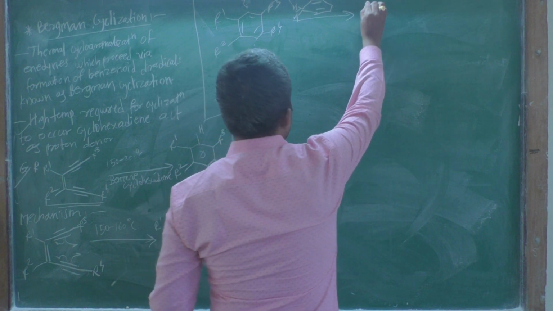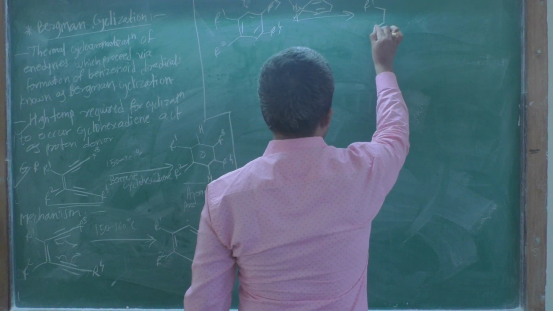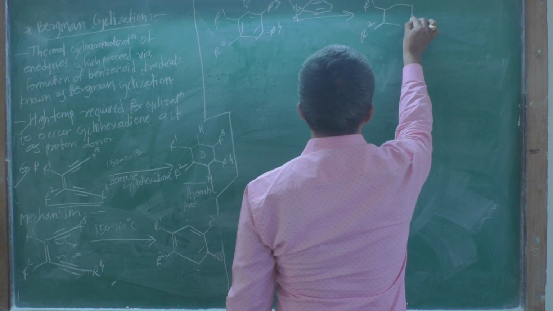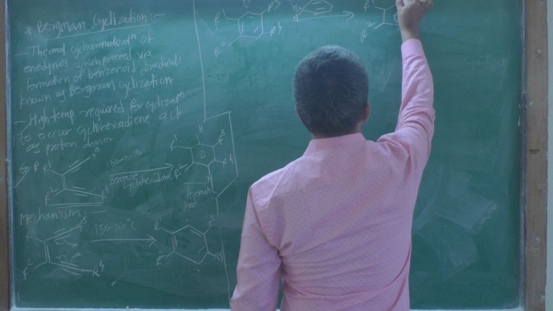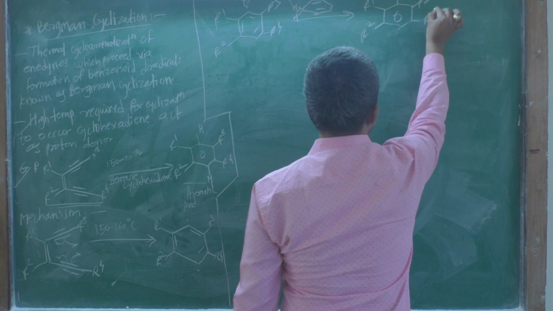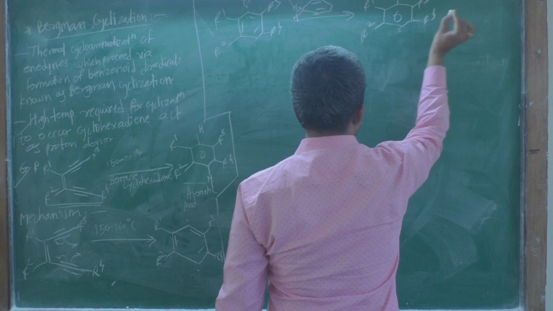Then your product is R1, R2, this is hydrogen, and this is R3 and R4, and this is another radical.